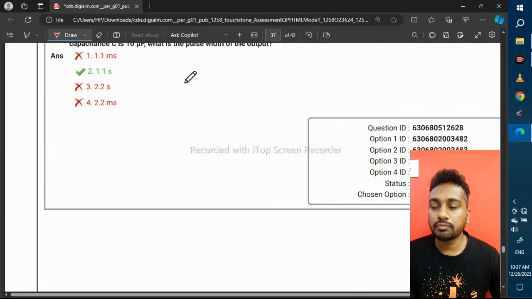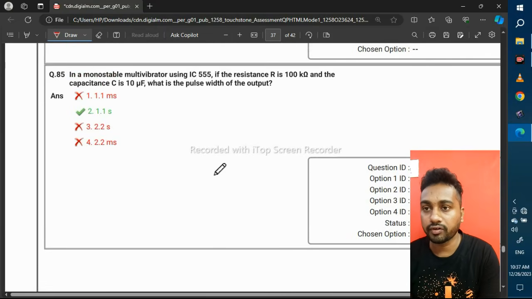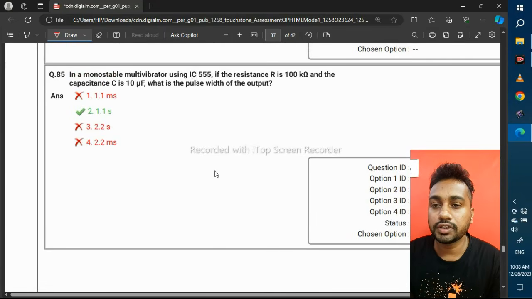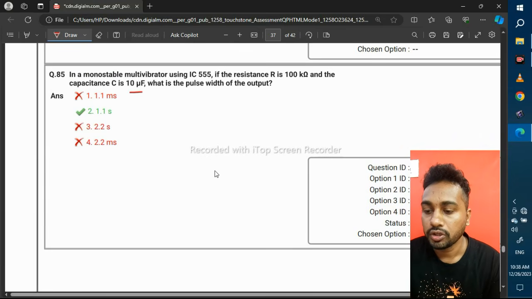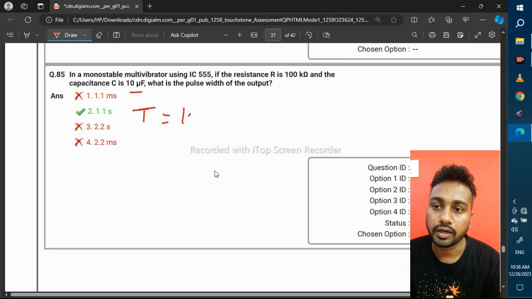In a monostable multivibrator using IC555, the resistance R is 100 kilo ohm and the capacitance C is 10 microfarad. What is the pulse width of the output? So if you see the formula, the pulse width in a monostable multivibrator is 1.1 RC.